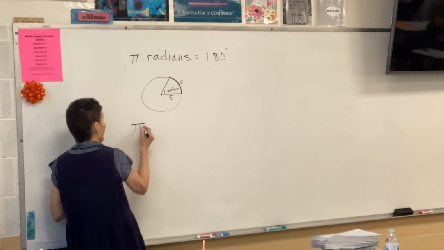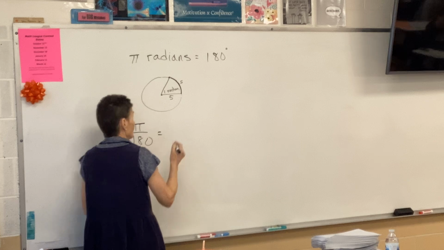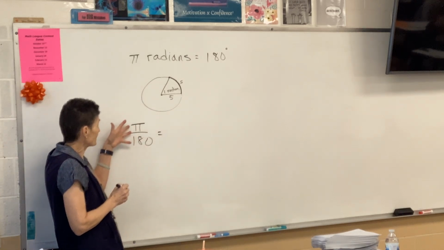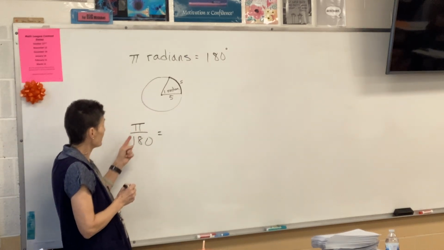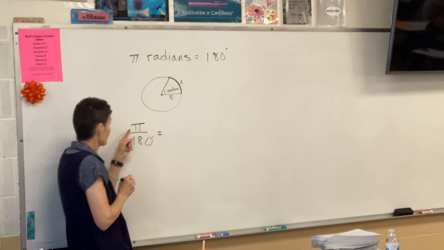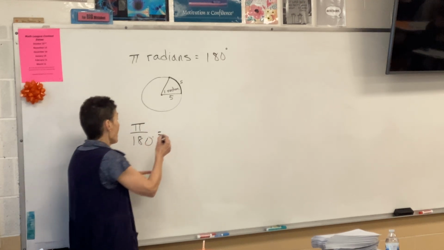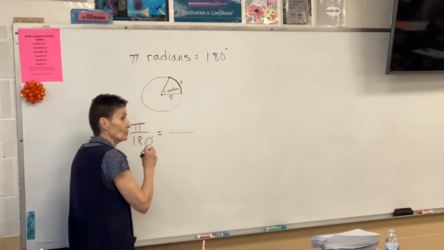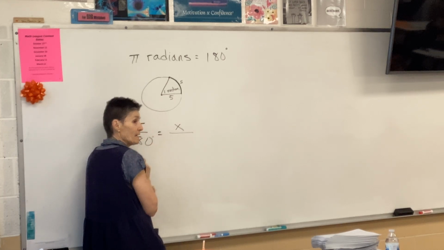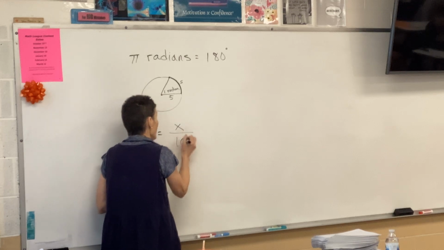I know that pi radians is 180 degrees. So I'm going to set up the fraction pi over 180. So this is pi radians, 180 degrees. And then I'm going to set that equal to how many radians over 100 degrees?